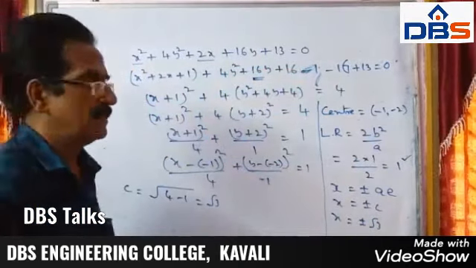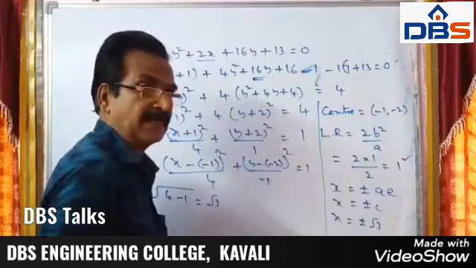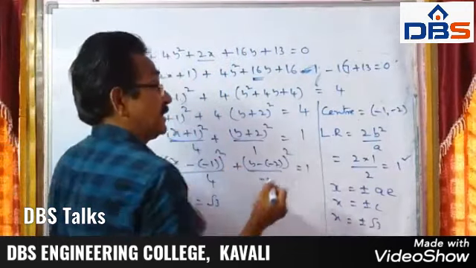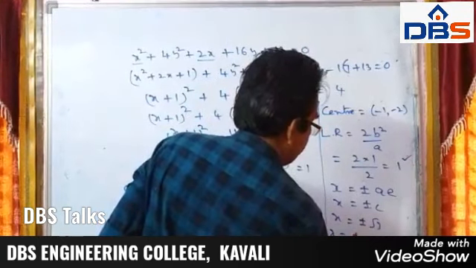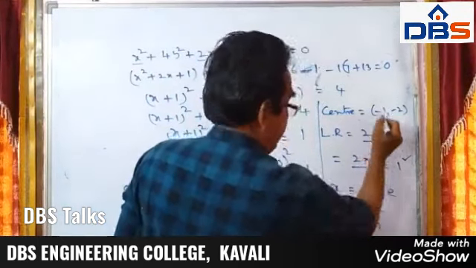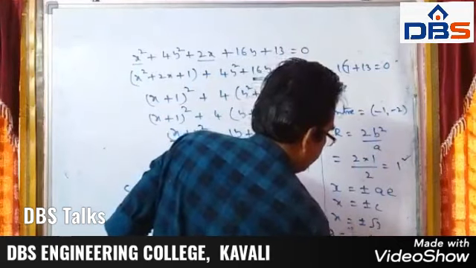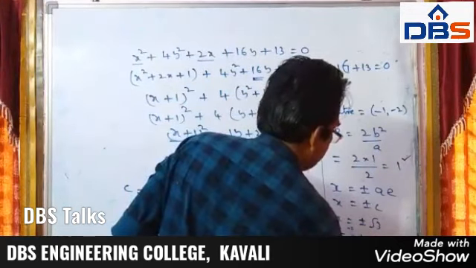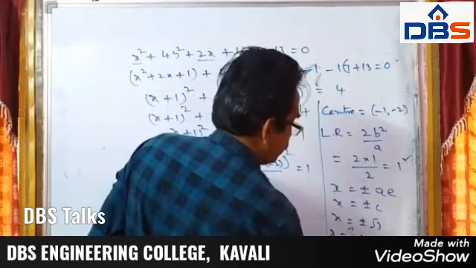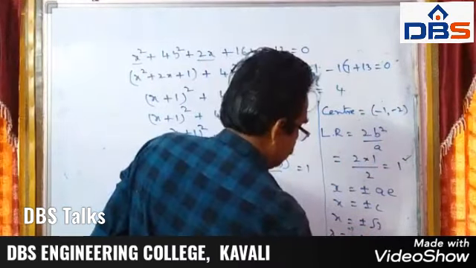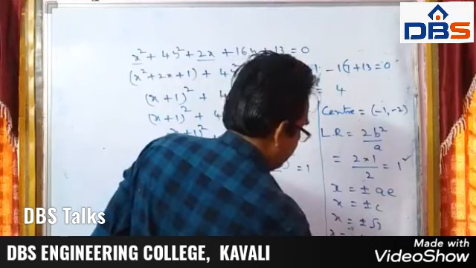Now we have to add the center. X is equal to plus or minus, sorry, minus 1 plus or minus root 3. You have to add only the x coordinate. So minus 1 plus root 3, that is root 3 minus 1.